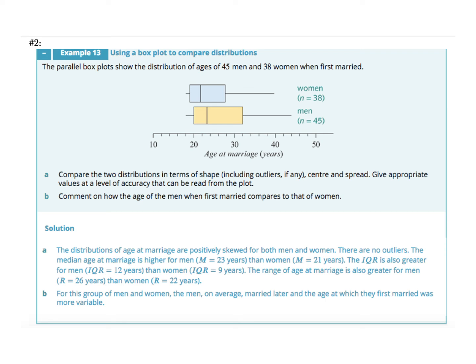And then you could say the men's are more varied because this yellow box is bigger than the blue one. And so you would say there's an association there. Or not really, they're very close. So it depends on how you're going to debate it. If you said the median age was pretty close, you could say it. All right.